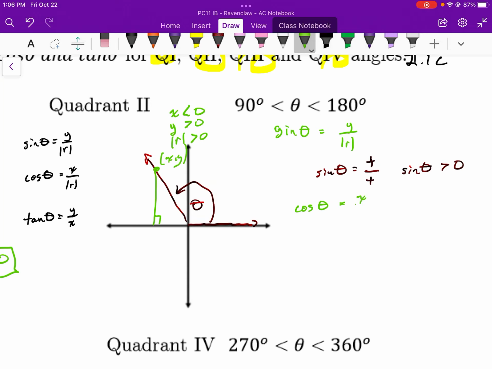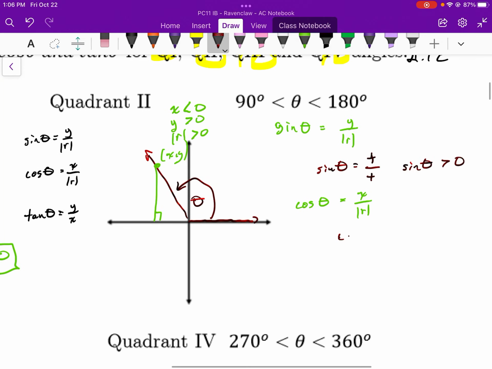Well, cosine theta is x over y. Remember? Sorry, incorrect. It is x divided by my radius vector r. My mistake. And this will yield that the cosine theta of any angle in quadrant number 2, which ranges from 90 to 180, people call these obtuse angles.